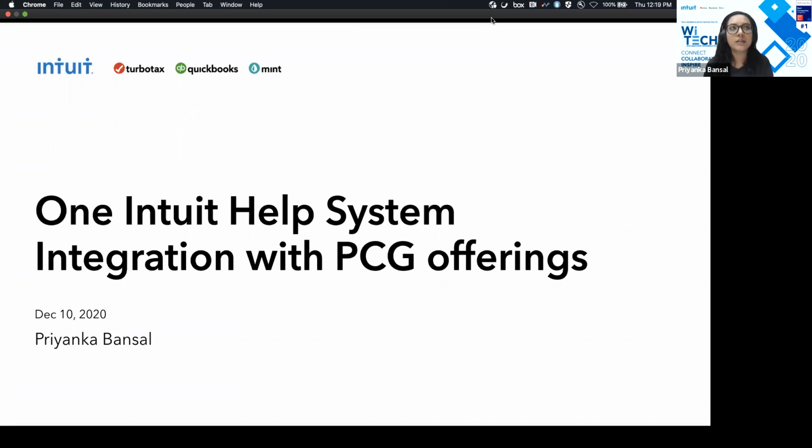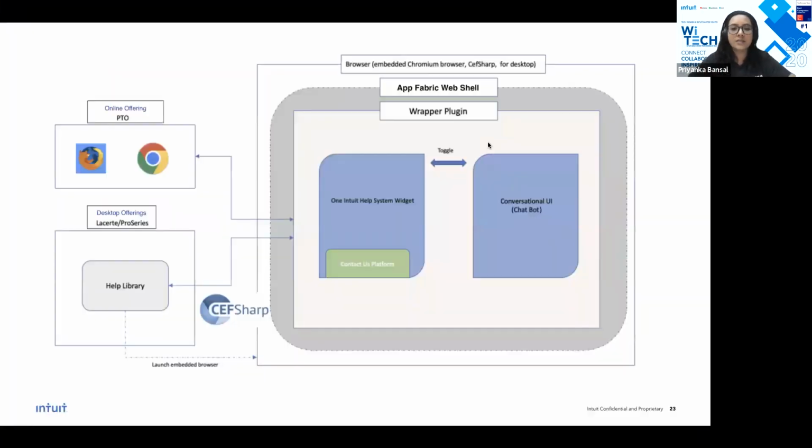The first initial problem statement was we wanted to give our customers a help system within the product, where they can ask questions and search for Intuit generated content and knowledge based articles within the product, not having to leave the product and search on the web.